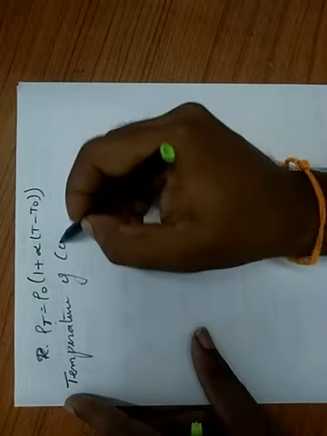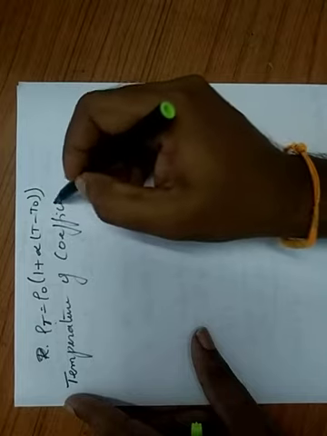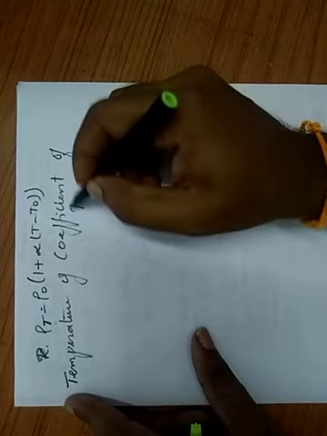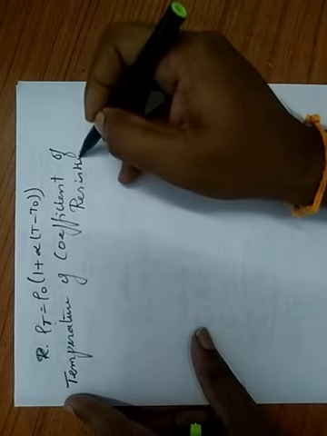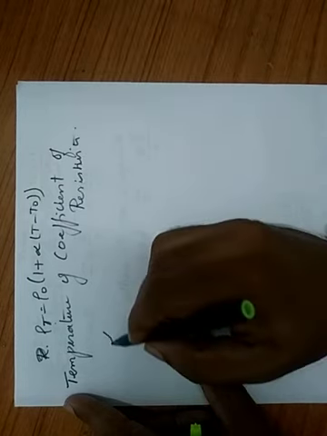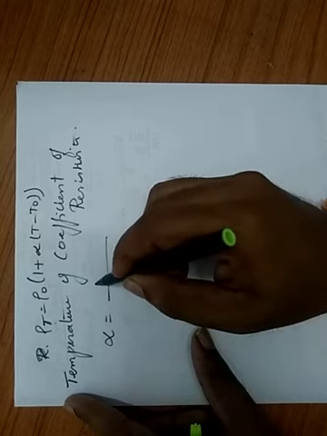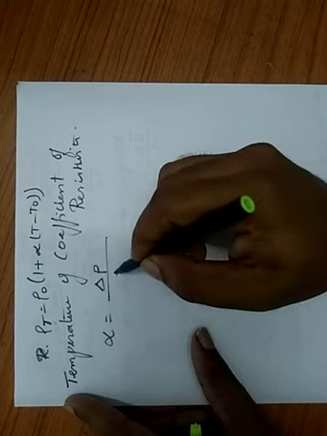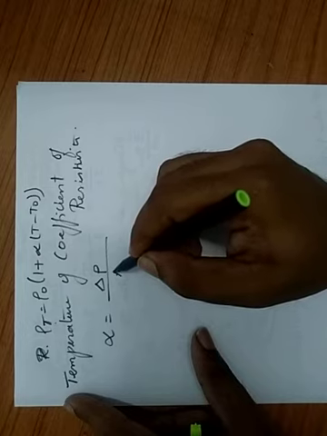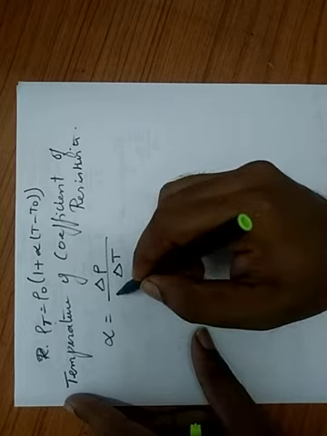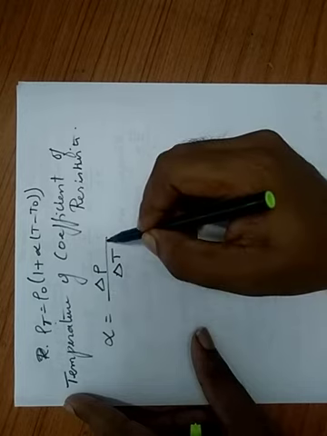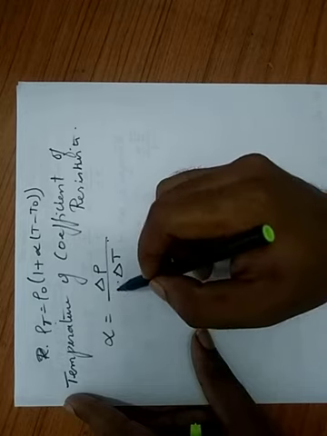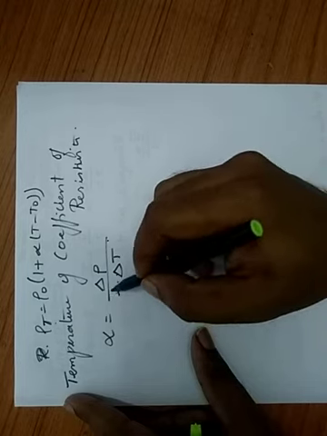Here modifying this equation, we get the temperature coefficient of resistivity. It is the ratio of increase in resistivity per degree rise in temperature to the resistivity at T0 degree Celsius.